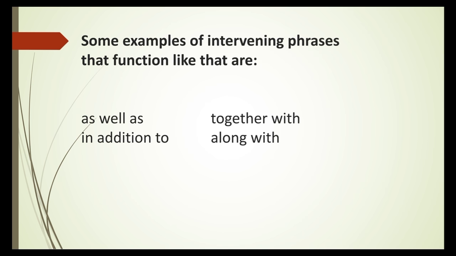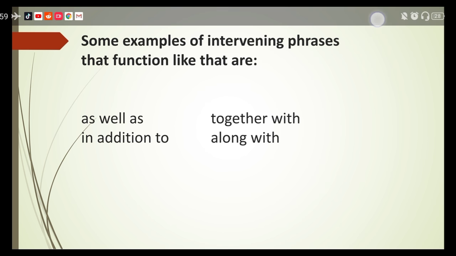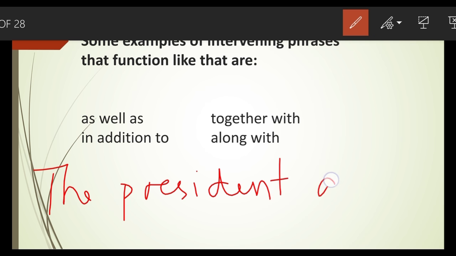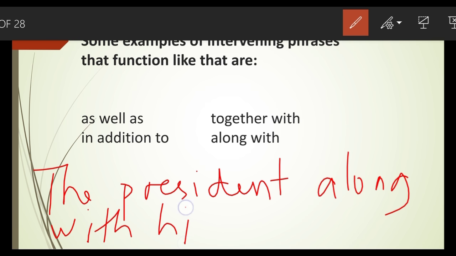I will give you another example. So, halimbawa, ang ating sentence ay, the president. So, let's say for example, meron tayong the president and then ilalagay mo yung along with. Okay, so try nyo nga tong sagutan. Along with his subordinates.